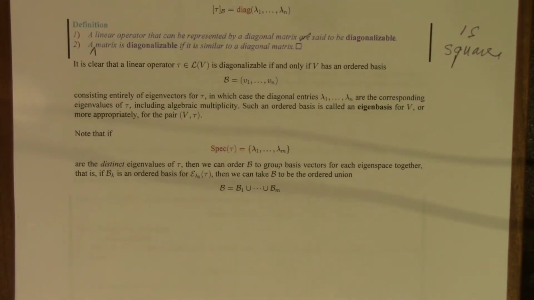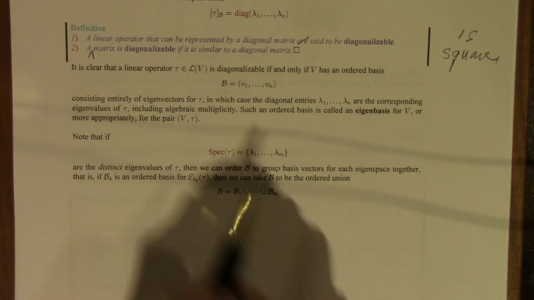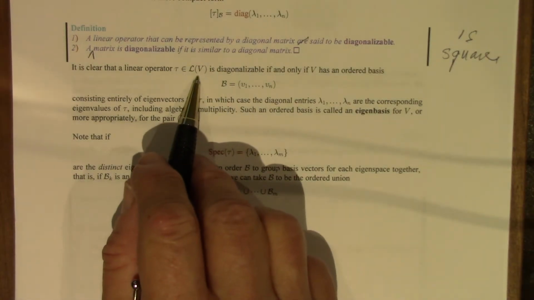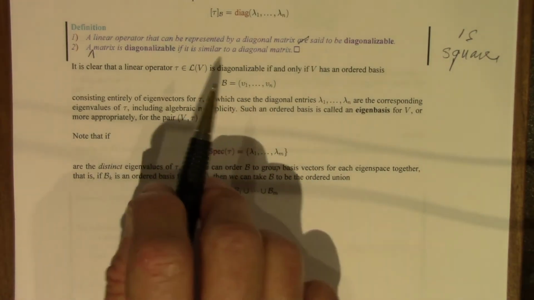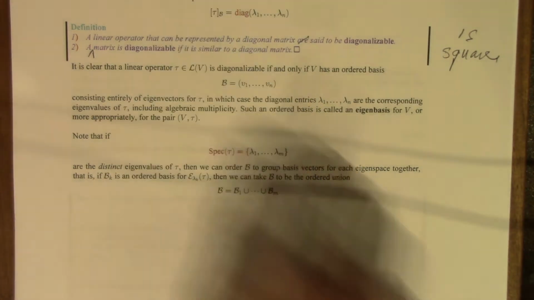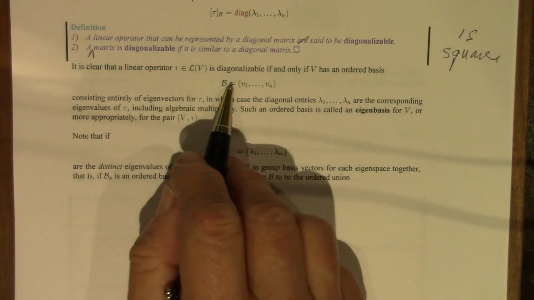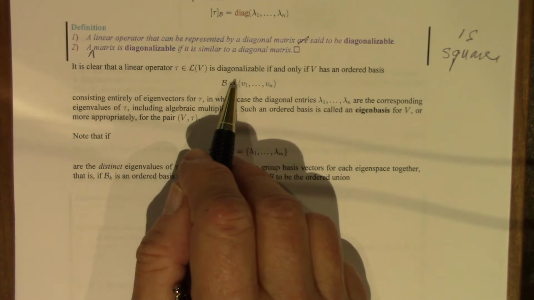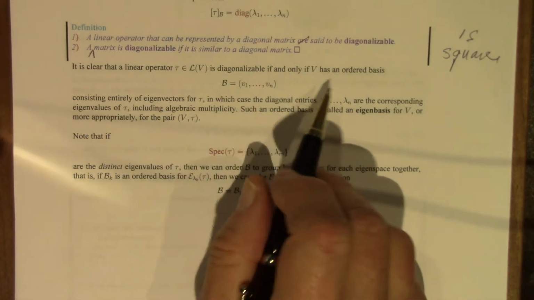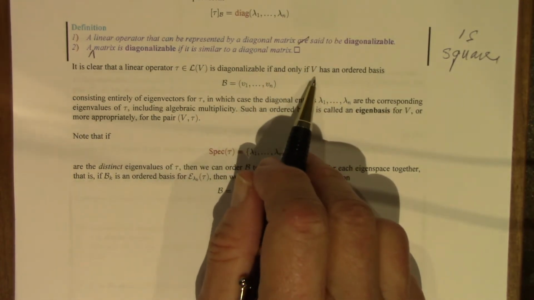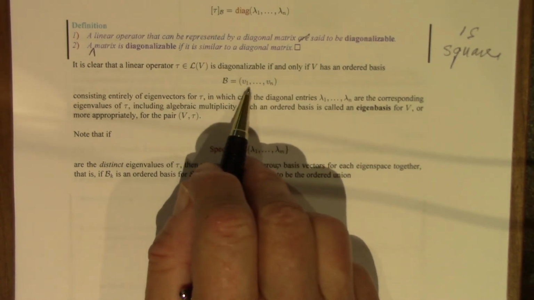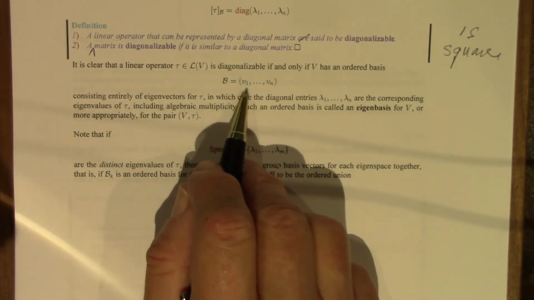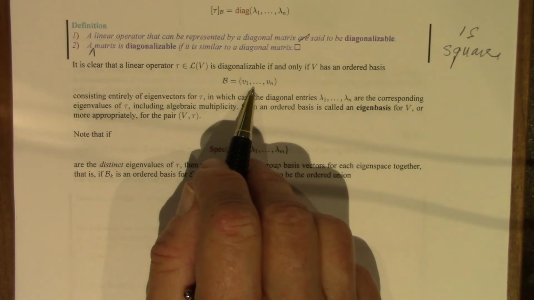It's pretty clear that a linear operator tau, and these are all on finite dimensional vector spaces since we're discussing matrix representations, is diagonalizable if and only if the vector space V has an ordered basis consisting entirely of eigenvectors.